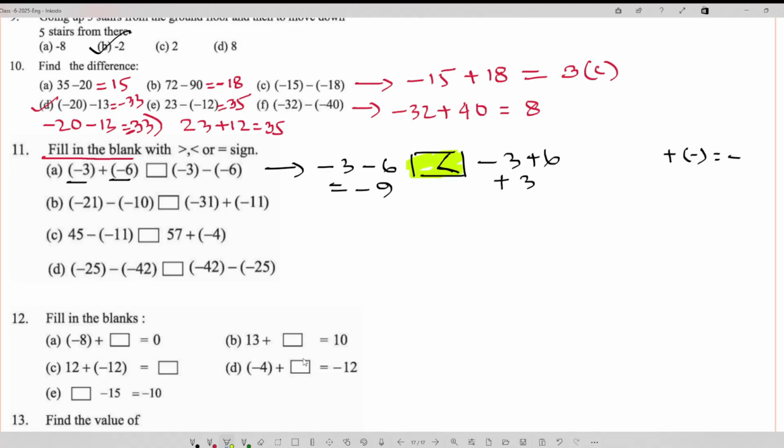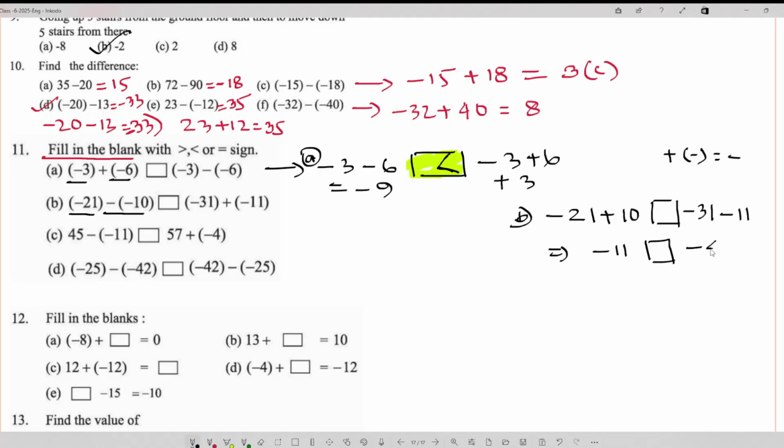Then minus 21 minus and minus 10, we can call this A, and here B. This is minus 21 and minus and minus means plus 10. Then the box, and minus 31 and plus and minus means minus 11, so minus 31 minus 11 is minus 42.